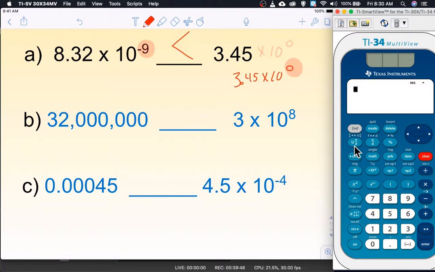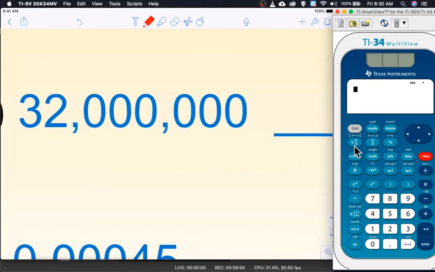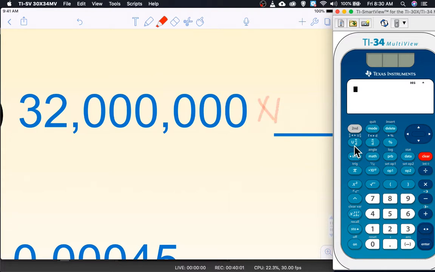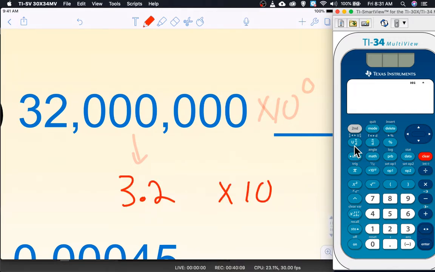All right, so letter B. I'm going to continue converting the standard form number into scientific notation. Times by 10 to the power of 0. This piece I want to be a 3.2 times by 10.